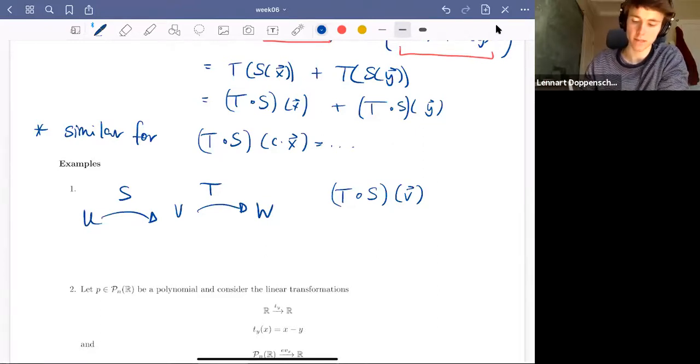So this does not make sense. This is because if the vector v lives in here, then T applied to v will live in this vector space.